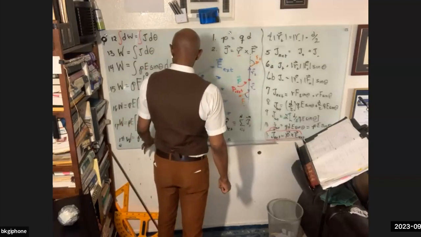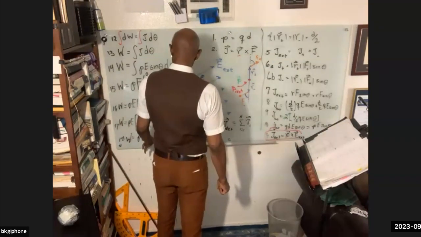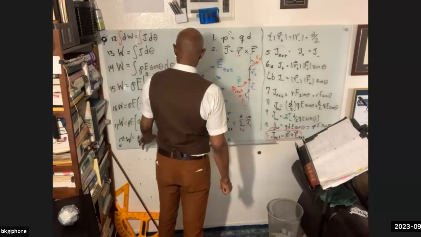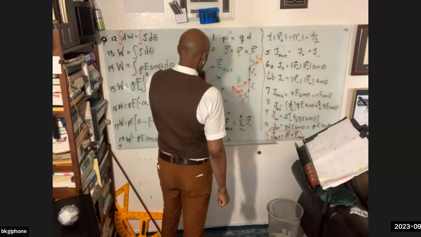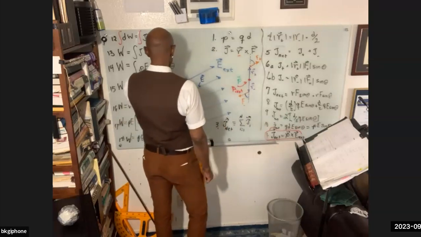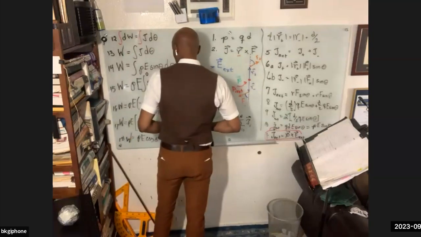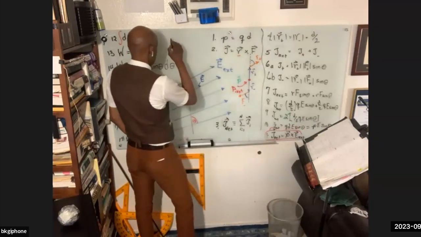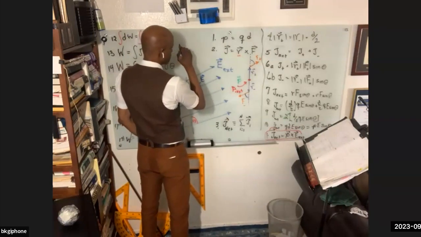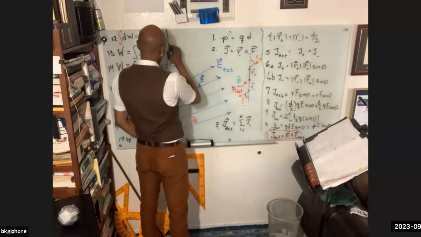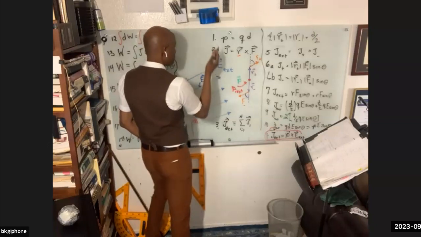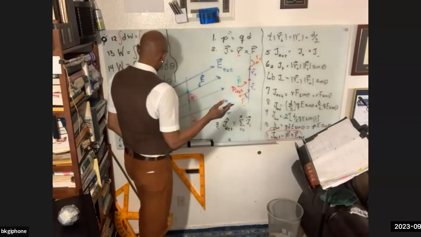So that's the work done, yes. And now the last step to show what the potential energy that it had was, is to just use the general definition of potential energy.